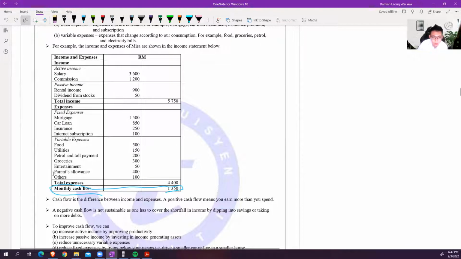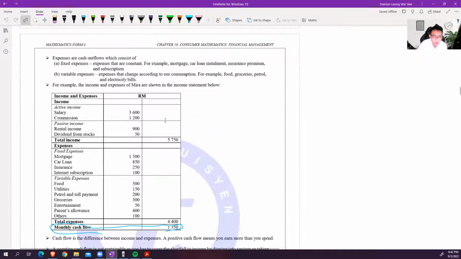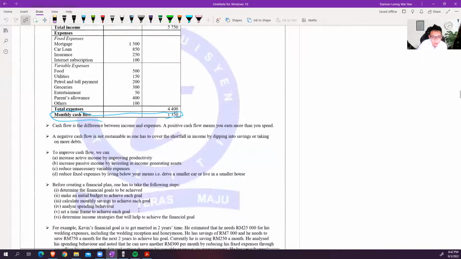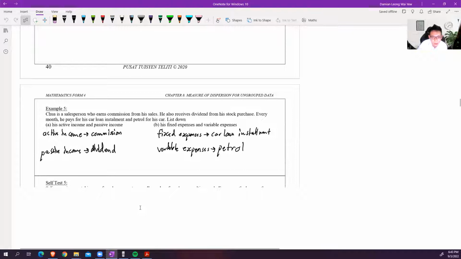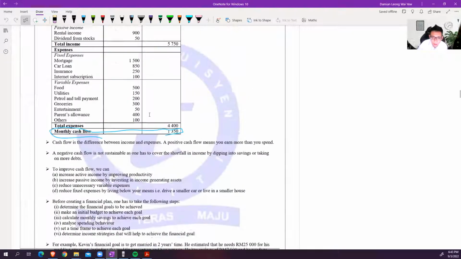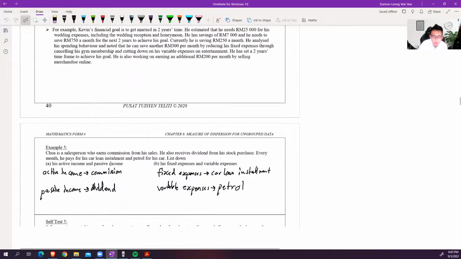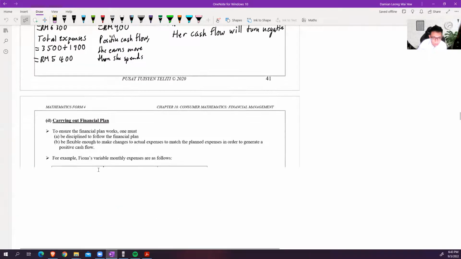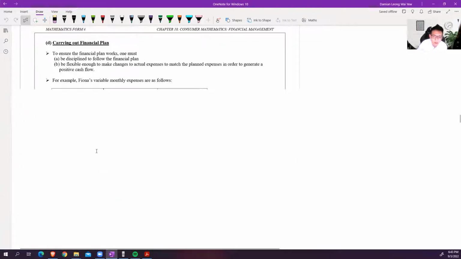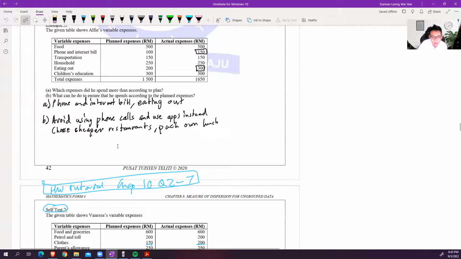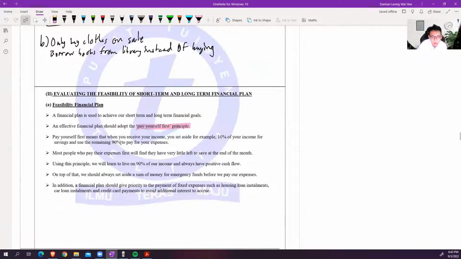Make sure you know how to calculate monthly cash flow, drawing up financial plans. Financial plan will most likely be something that they'll ask also. Then comparing financial plans, I think it's quite simple.